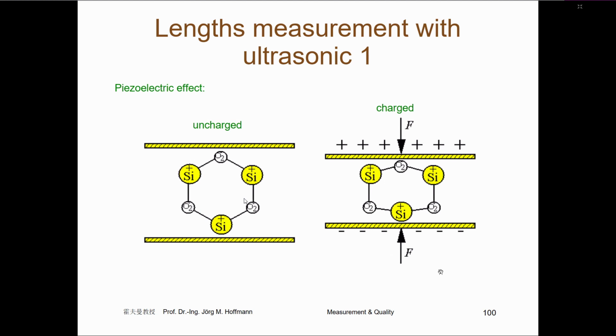And how to produce these ultrasonic waves and how to measure? The core is the piezoelectric effect. You have a piezoelectric material that can be silicon dioxide, but there are also other materials where it works.